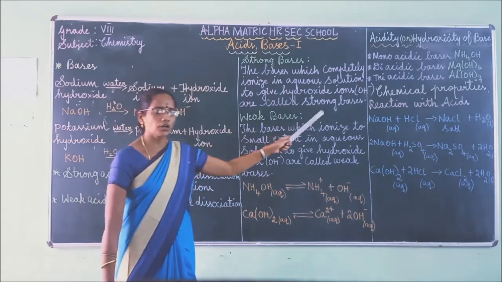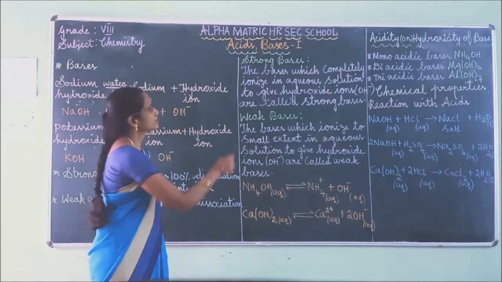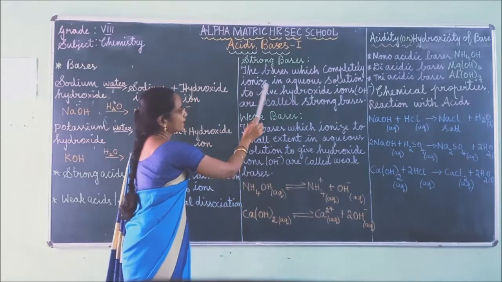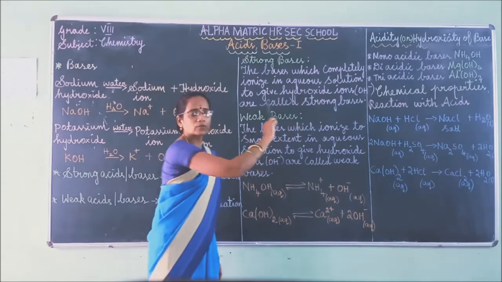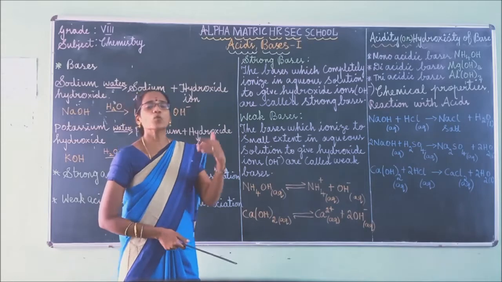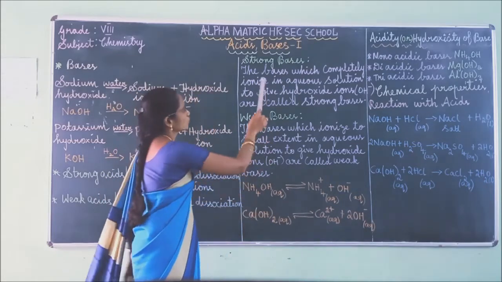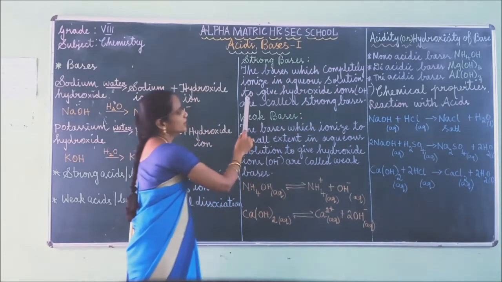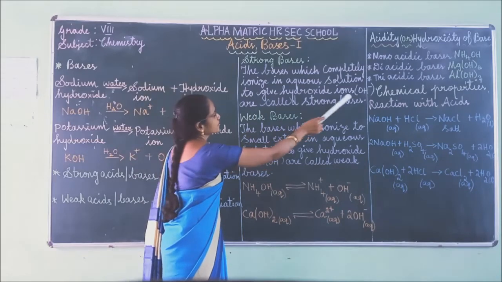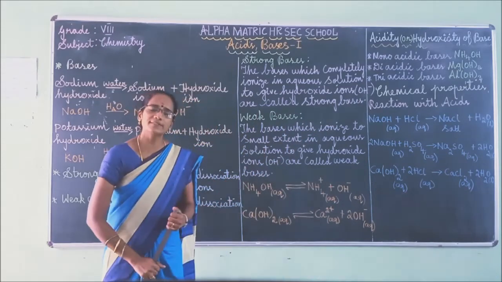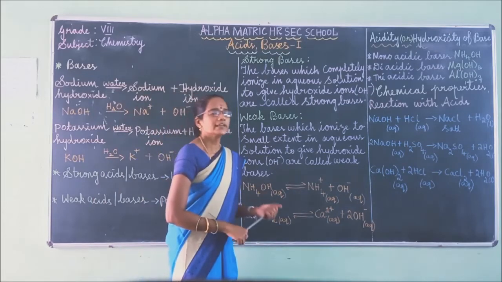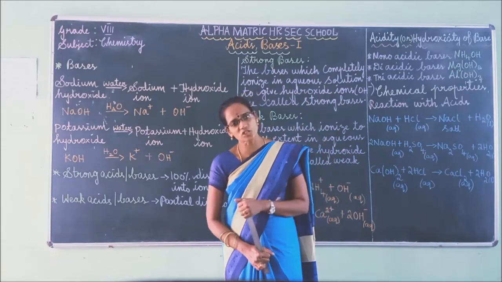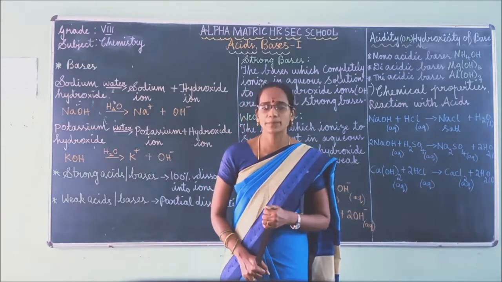Once again I repeat, strong bases are bases which completely ionize in aqueous solution. Aqueous solution means the solution in which water acts as a solvent, right? Example: sodium hydroxide, potassium hydroxide, ammonium hydroxide, calcium hydroxide. These are the strong bases.